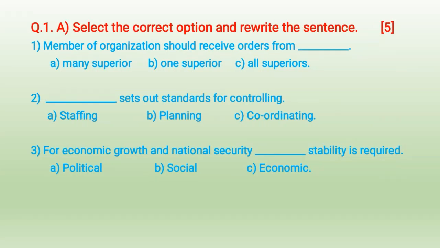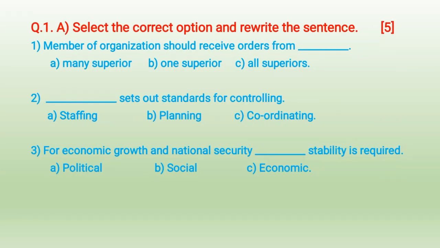So, let's see. Question number 1A is here. Select the correct option and rewrite the sentences. In this question paper, we will have 5 sentences and you will find 3 options for each sentence. You should write a complete sentence with the correct option.